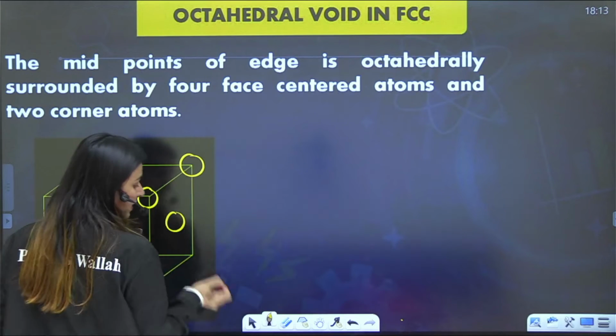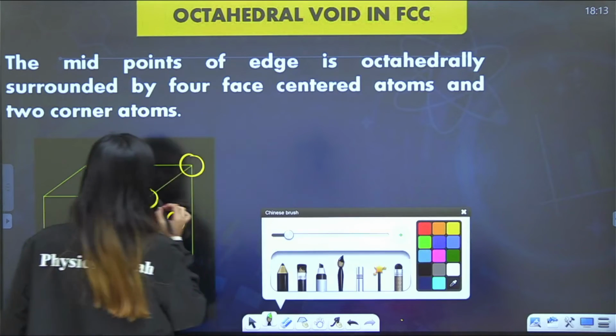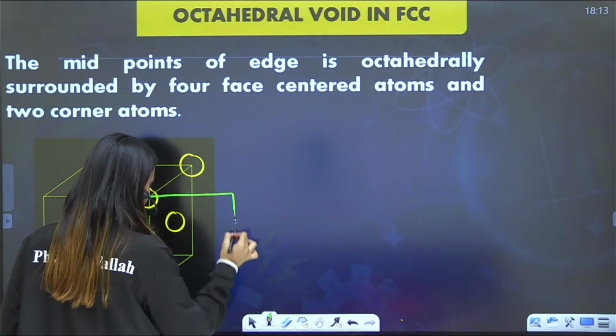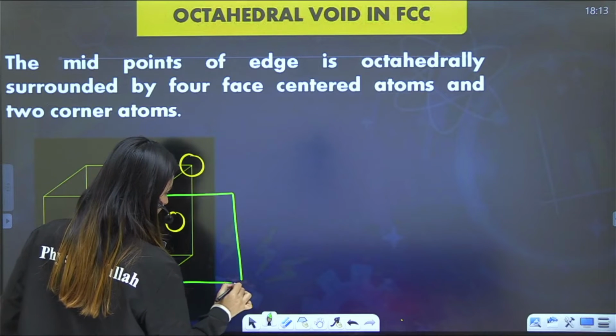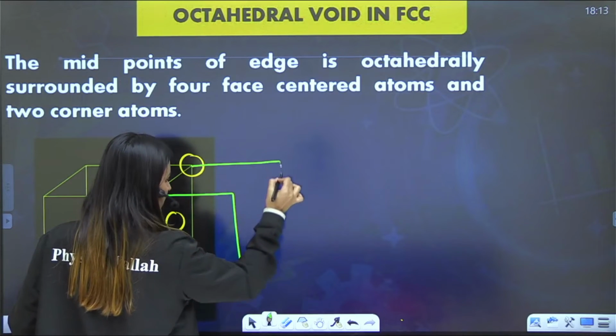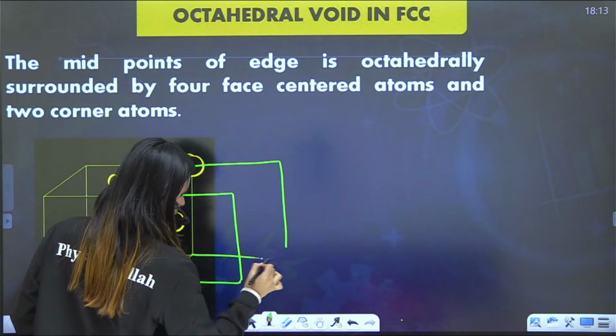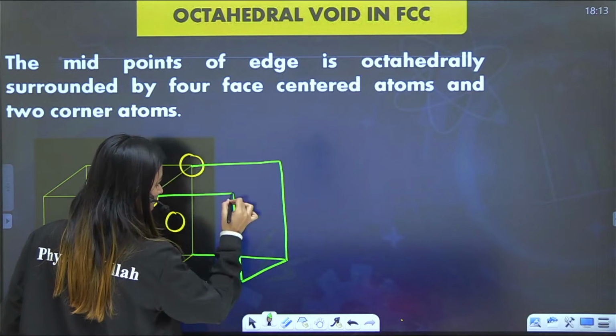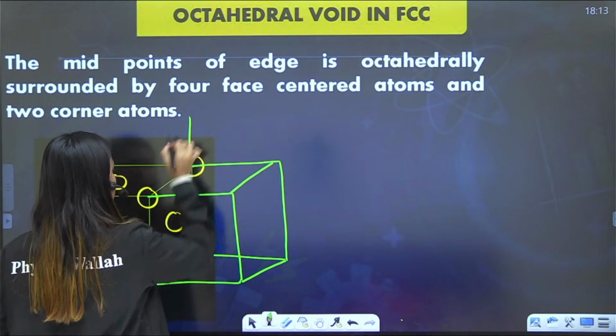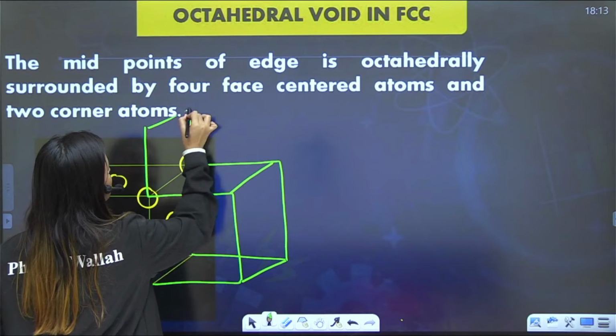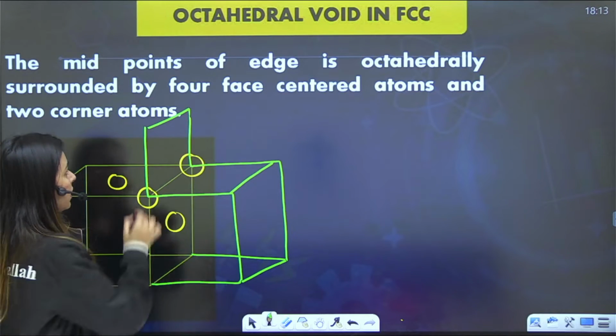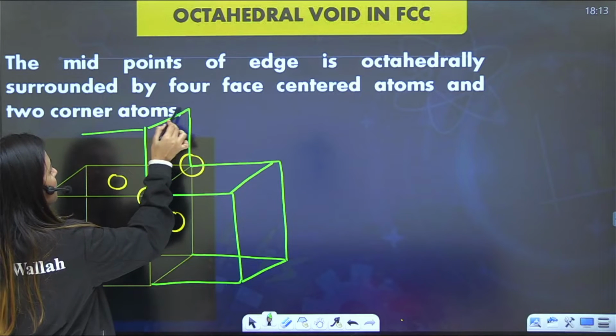So let's try to connect them. Let's say this is connected like this, and this is connected like this, right? Also you have a unit cell above as well. Okay, so this is your unit cell.